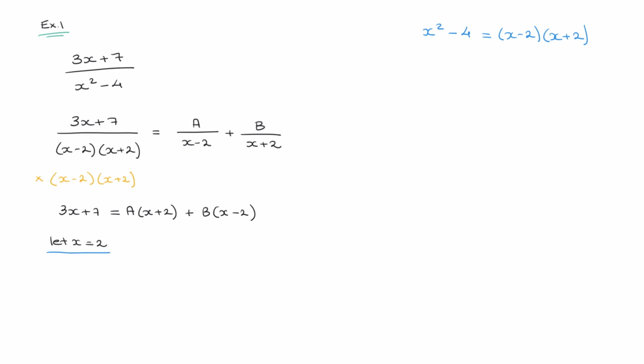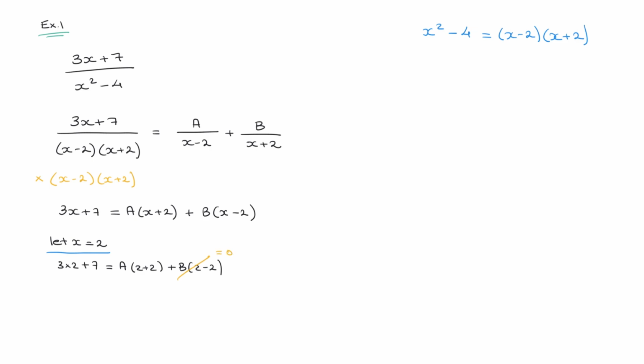Okay, well if I do that, replacing every x by 2, that becomes 3 times 2 plus 7 equals a times 2 plus 2 plus b times 2 minus 2. And now looking at this term here, I'm sure you can appreciate that since 2 minus 2 is equal to 0, this entire term disappears since the whole thing is just equal to 0.